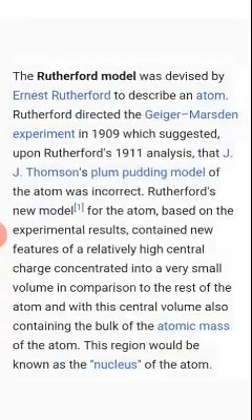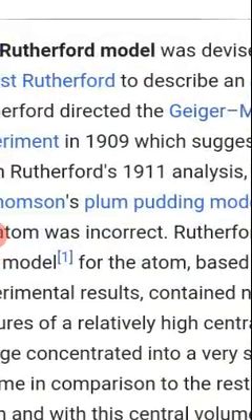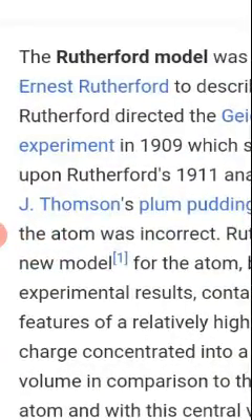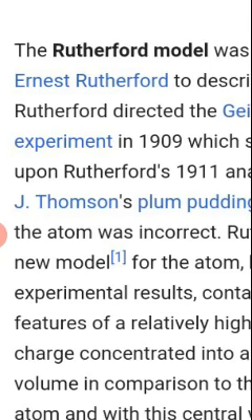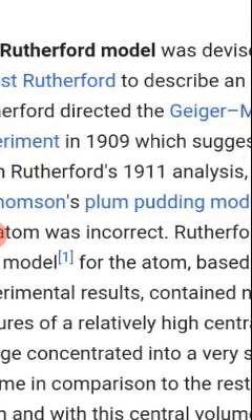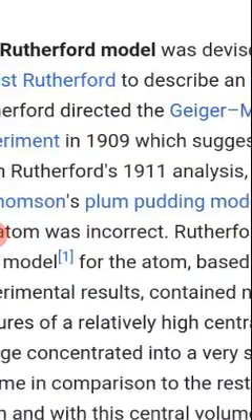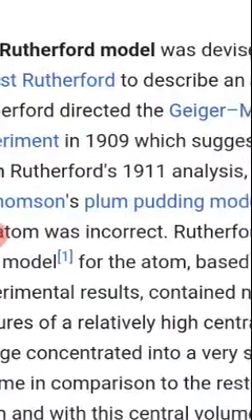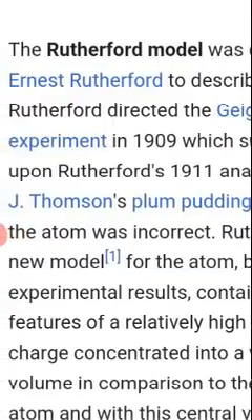This was the Rutherford model. After the experiment, Rutherford made a model. The Rutherford model was devised by Ernest Rutherford to describe an atom.